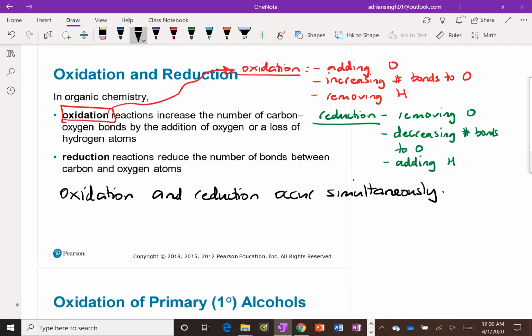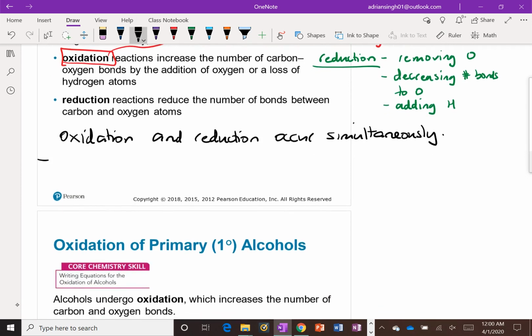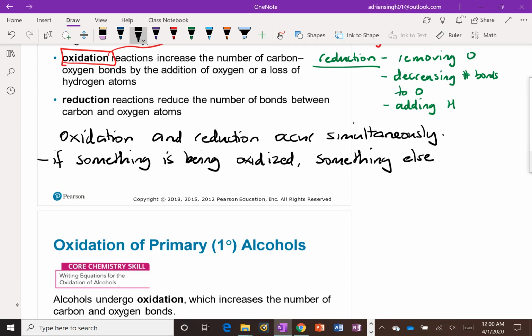In other words, if something is losing hydrogen, if it's being oxidized, something else has to pick up those hydrogens, something else needs to be reduced. So in other words, if something is being oxidized, something else must be reduced, right?